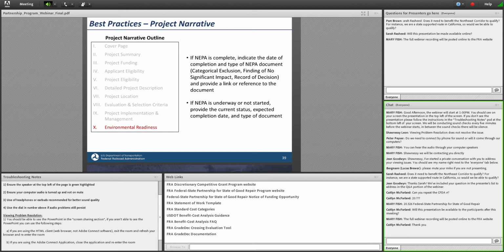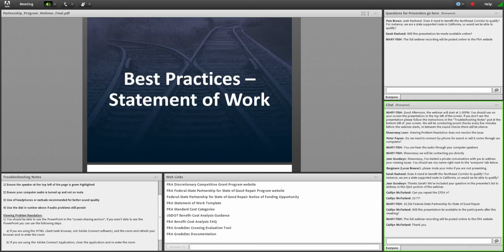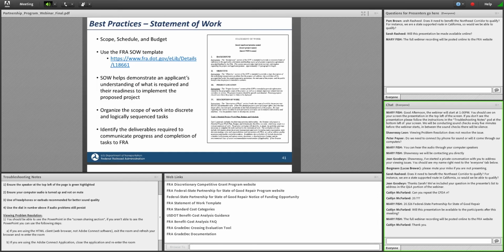In terms of environmental readiness, Brian covered this a little bit earlier, but if NEPA is complete, please indicate the date of completion of the environmental review and the type of NEPA clearance document that your project received, whether it was a categorical exclusion, finding of no significant impact, or record of decision. If NEPA is not complete yet, that's okay too, but please identify whether it started, when it's expected to start, and the current status.